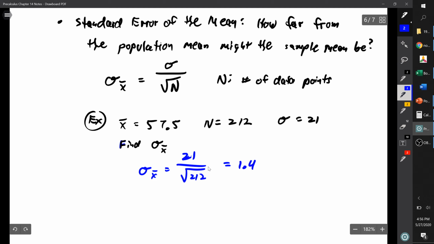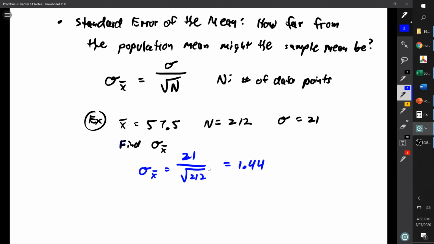So what does that tell us? That tells us that this average that we got, 57.5, should be within 1.44 of what the actual average would be if we calculated an average based on all of the possible data points.